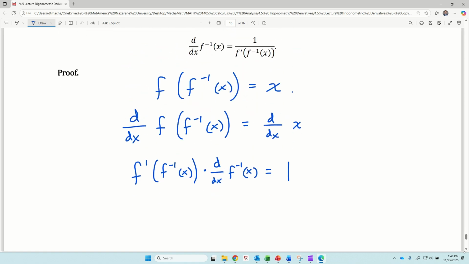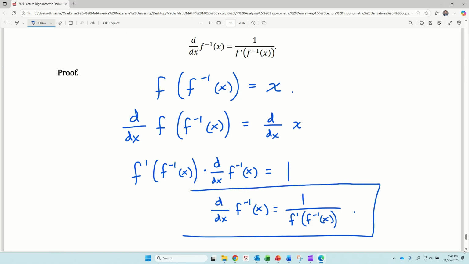And now, let me rearrange this equation by dividing on both sides by f prime of f inverse of x. That is what we desired to prove.